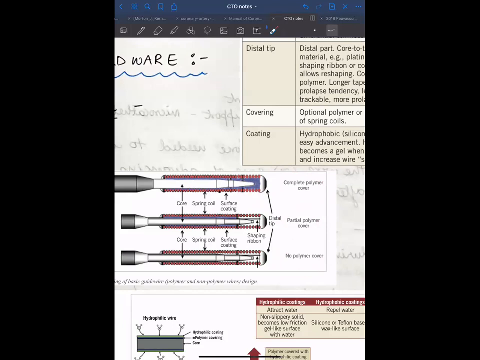There are two types of design: the guide wire core may come all the way to the tip, which is called a core-to-tip design, or you can have a shaping ribbon, where the core does not reach the tip. This is to give it a primary curvature, and especially to maintain the primary curvature, they have this shaping ribbon which is present in the distal part.